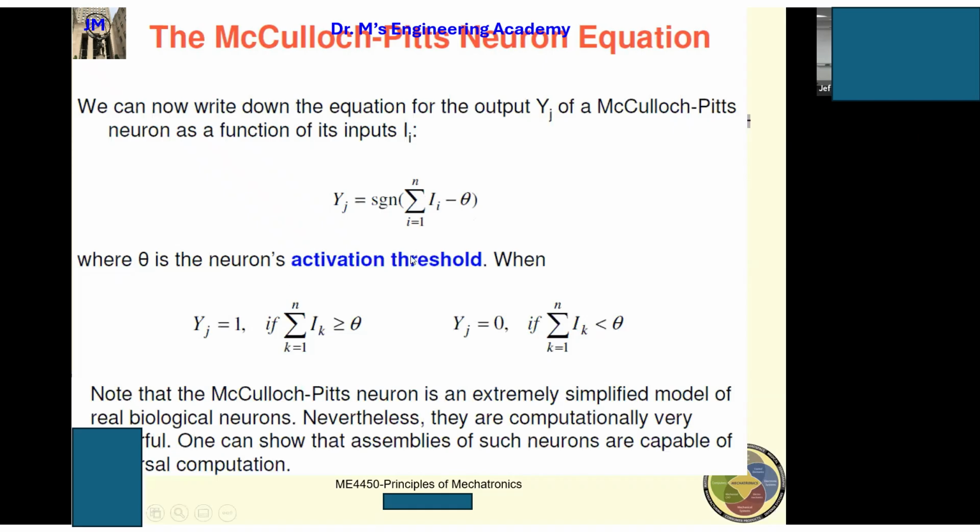We call this the threshold here, but the same thing is called bias in MATLAB. Can we write it down? Bias. I don't know why MATLAB uses this word, bias, B-I-A-S. They use bias to stand for the threshold.